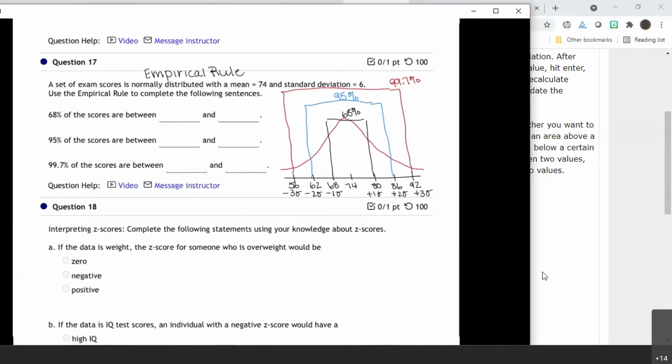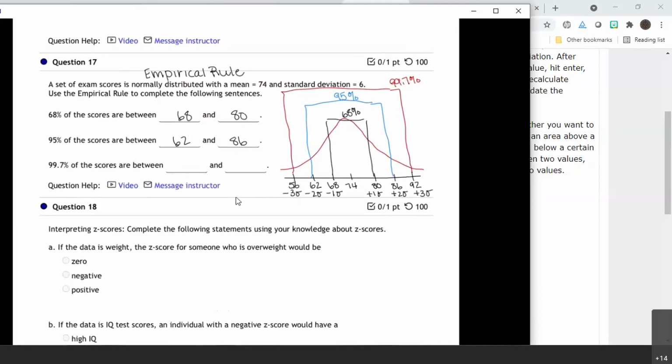And now they're just asking you for the scores of the cutoffs. 68% of the scores are between, well, this black box, between 68 and 80. That's -1 and +1 standard deviations. 95% are between 62 and 86. That's -2 and +2 standard deviations.